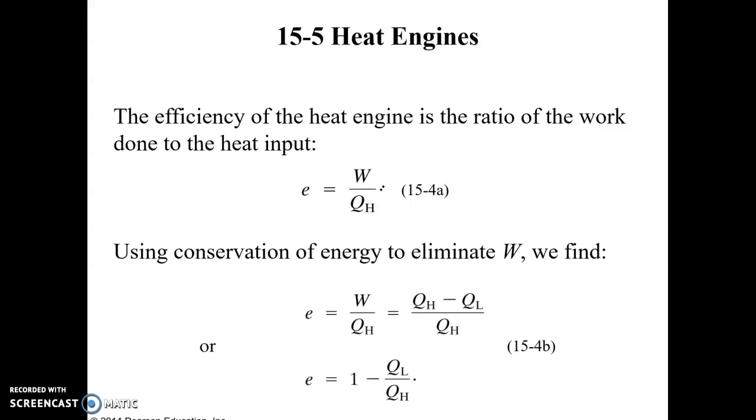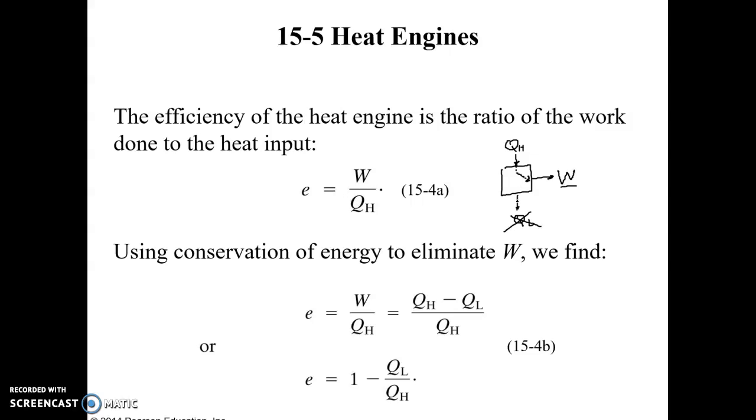Now we've been saying here that when you have a heat engine, you've got a high heat that goes in, it does some work, and then we have a byproduct, an exhaust, low temperature that comes out. Now, if we had a 100% efficient engine, all of this would do work and we wouldn't have any exhaust.